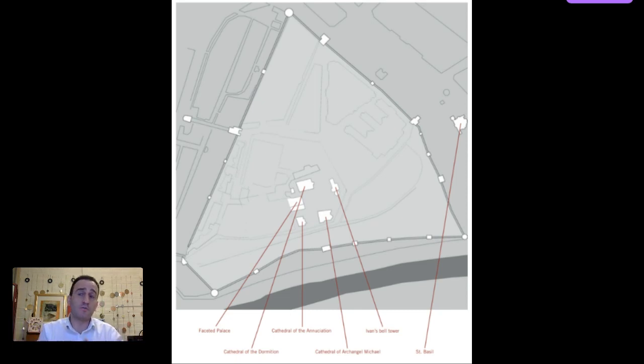There's no question that the Russians are aware of what's happening in the Renaissance. There's certainly travel to and fro. There's trade, there's diplomacy, etc. So people in this part of the world are aware of what's happening in that part of the world. And certainly some of it is making its way into our architecture here in Russia.